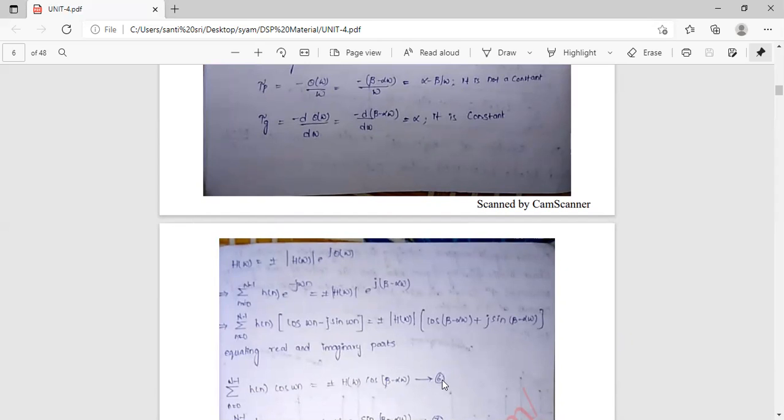Equate real and imaginary parts. Then sigma n equal 0 to N minus 1 of h of n into cos omega n equals plus or minus H of omega cos of beta minus alpha omega. Similarly, minus sigma n equal 0 to N minus 1 of h of n into sin omega n equals plus or minus H of omega into sin of beta minus alpha omega.